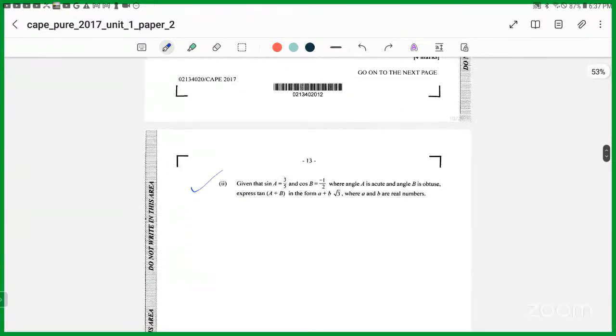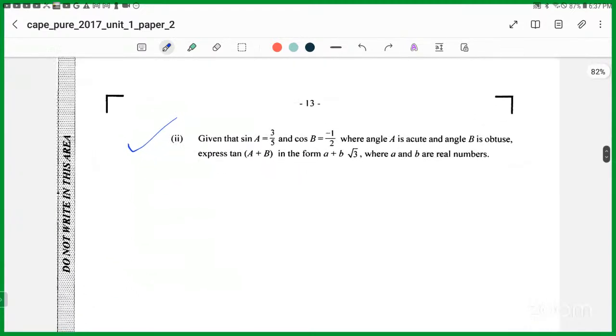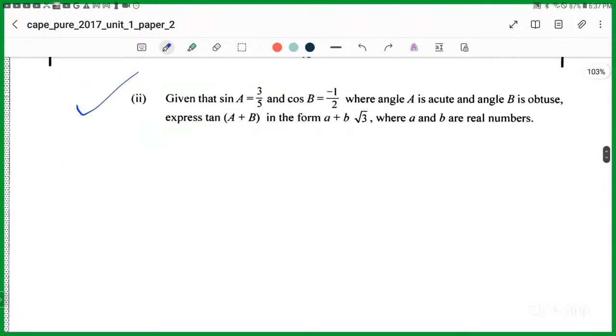All right, so we're going to do this one as well. This one says, sine A is 3/5. Cos B is -1/2. A is acute, means in the first quadrant, but B is obtuse, means in the second quadrant.